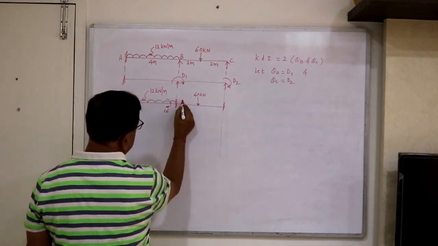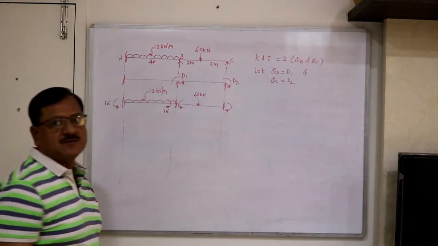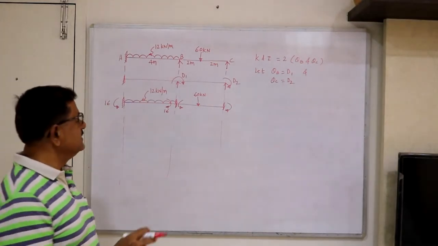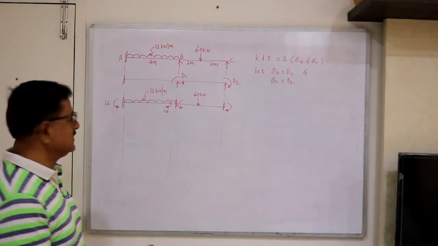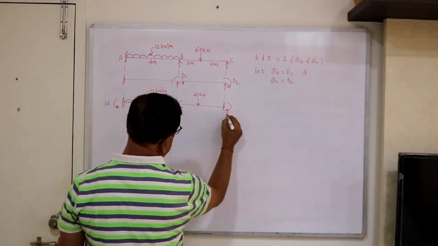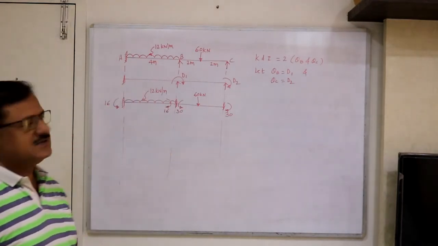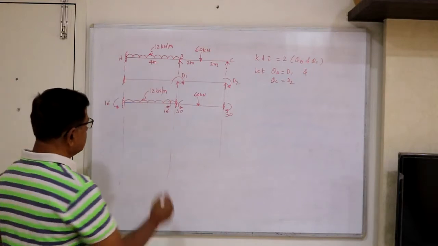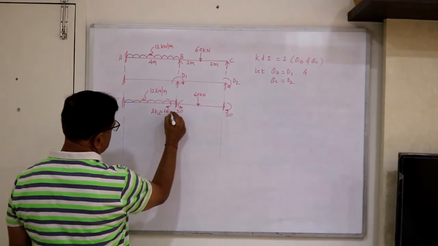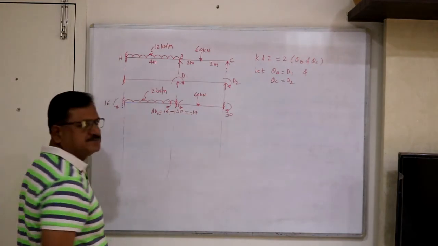Then here anti-clockwise, here clockwise, this is WL by 8 central load, WL by 8. L is 4, so 30. So this will be 30 and this will be 30. Then these are the restrained reactions. Now in the direction of D1, AD1L equal to, this is clockwise, this is minus, so you will get minus 40.